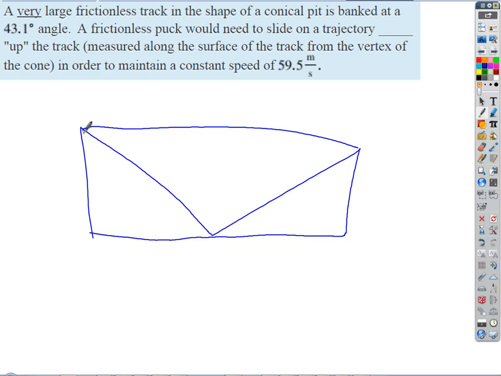And so what it's saying is, if this angle right here is 43.1 degrees, and here's the object right here, let's say, traveling around the track like so, we want to know, in order for it to go 59.5 meters per second, what is this distance right there gonna be?